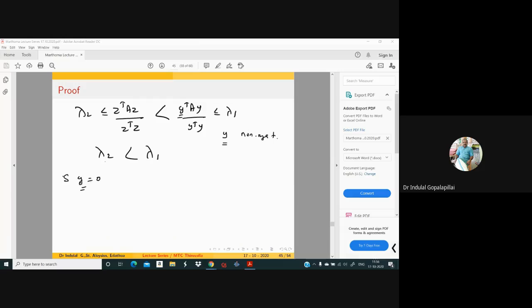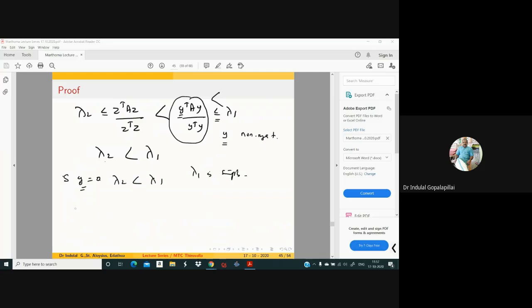So if some entries of Y equal 0, then this cannot be an eigenvector corresponding to lambda 1. So this inequality is strict. Then also lambda 2 is less than lambda 1. Therefore lambda 1 is simple.